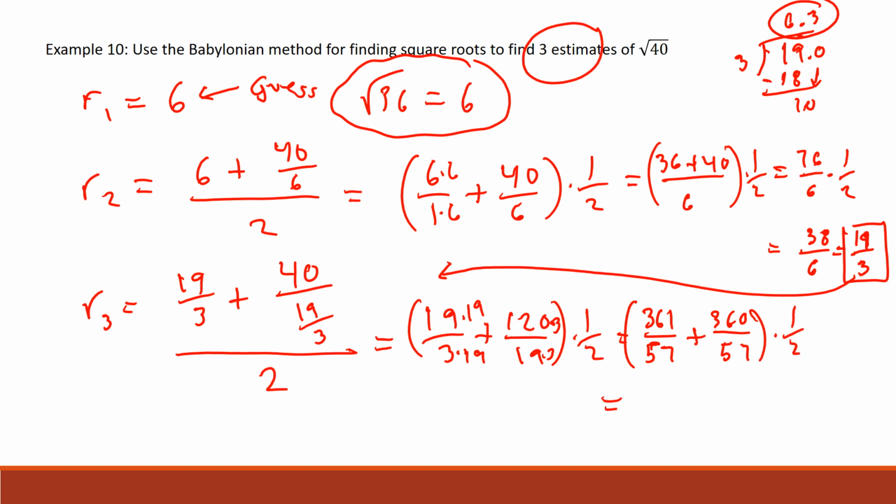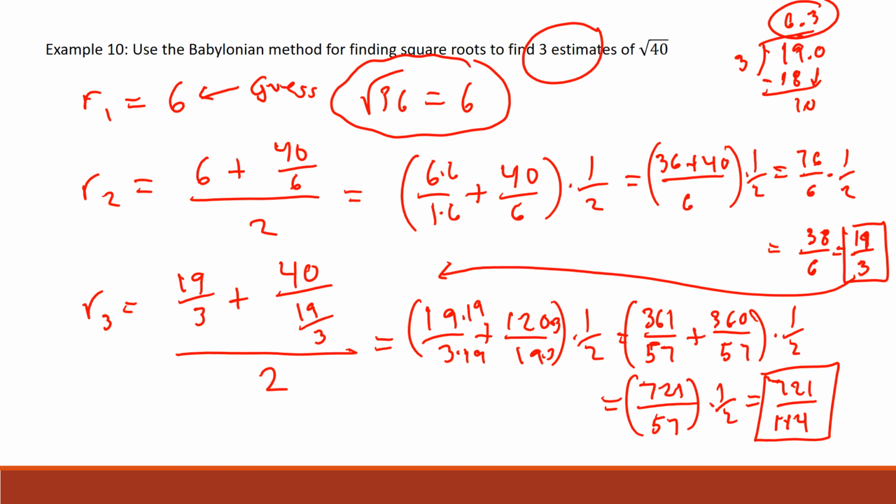So now I have 361 plus 360, 721 divided by 57 times 1/2 will be 721 divided by 114. And that's the answer. The Babylonian method for approximating square roots.